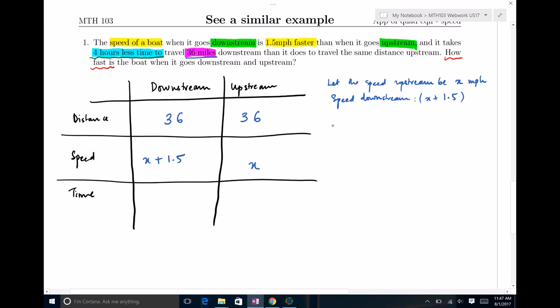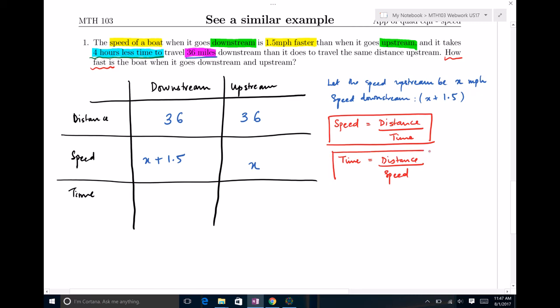important equation, and that is that the speed at any given time is always the distance over time. This is an important formula. Now, I need to find out what the time is. So if I rearrange things in this formula, I get that the time is equal to the distance over the speed, right?